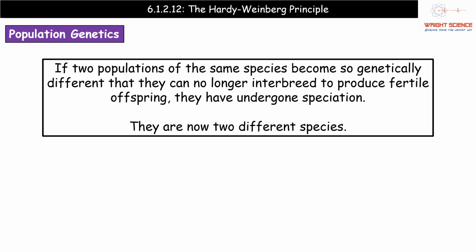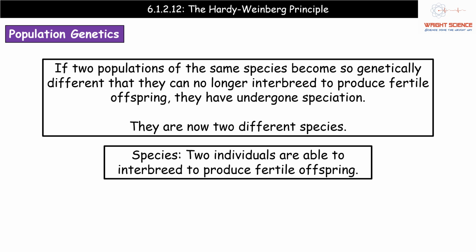If these two species have become so genetically different from one another that they can't interbreed, then they've undergone the process of speciation, and as a result we now have two different species. When we're talking about the definition of a species, remember, specificity is key in your language here. We are talking about two individuals that are able to interbreed and produce fertile offspring. Don't forget the second part to the definition of the word species there.